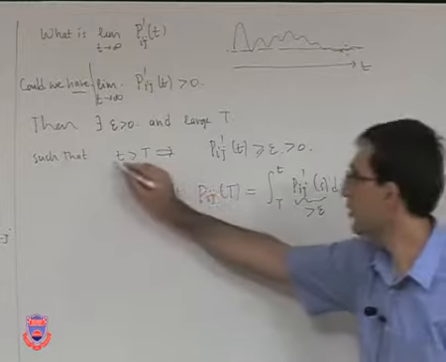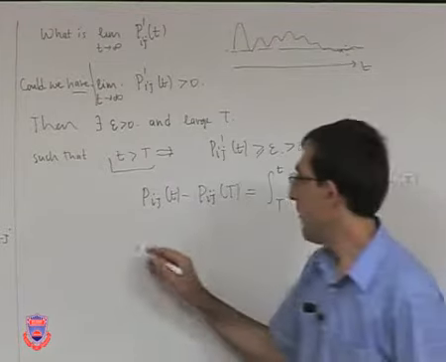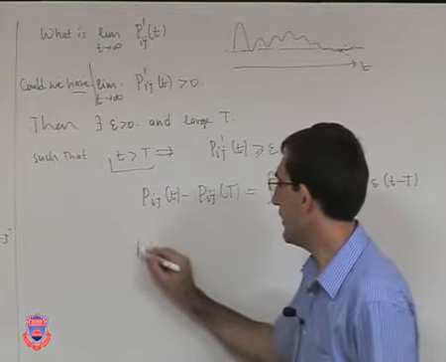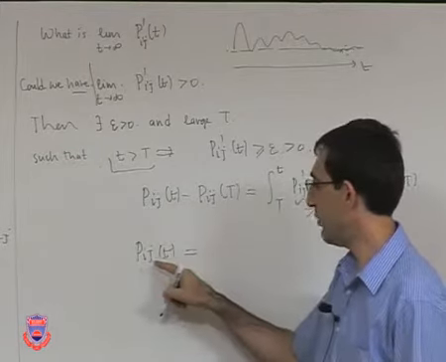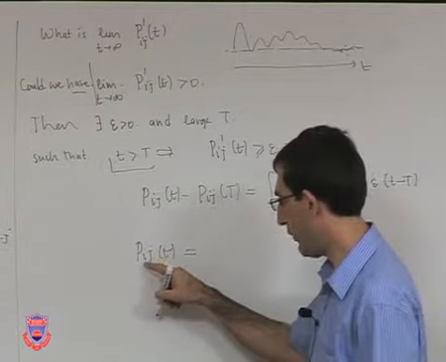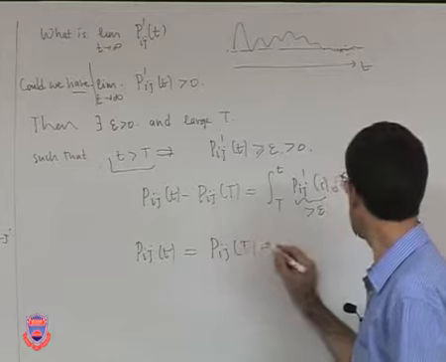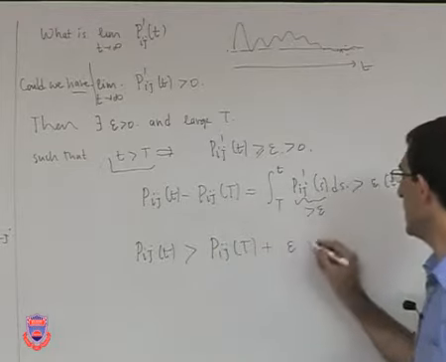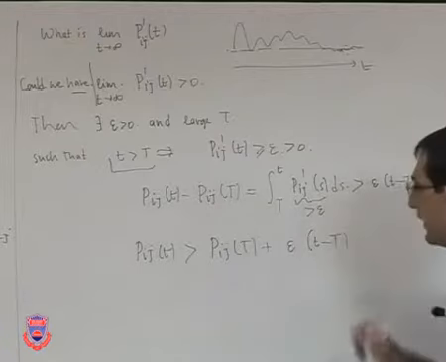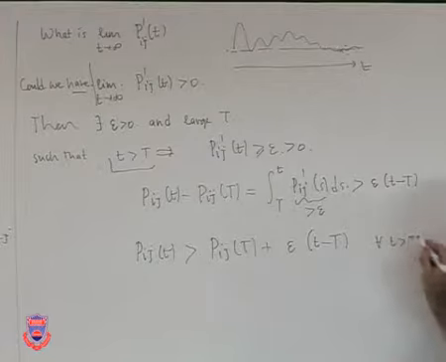And this is true for every t larger than capital T. And then what does this mean? The transition probability of going from i to j in t units is this constant plus, or it is greater than, because of this, epsilon times (t minus T). We have this for every t greater than T.